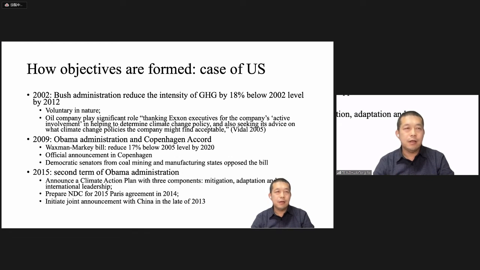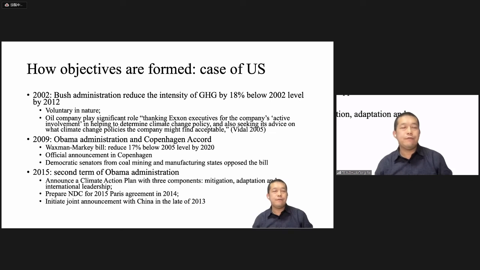Finally, this joint announcement happened in 2014 when President Obama visited Beijing, and China and the US jointly announced their NDCs. China would peak its emissions around 2030 and reduce carbon intensity by 60 to 65%. The United States would reduce its emissions by 26 to 28%. Those targets were submitted for the Paris Agreement in 2015.